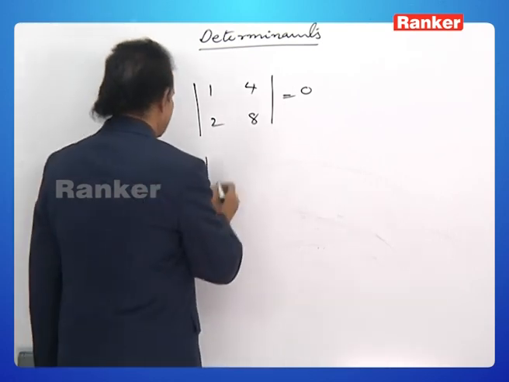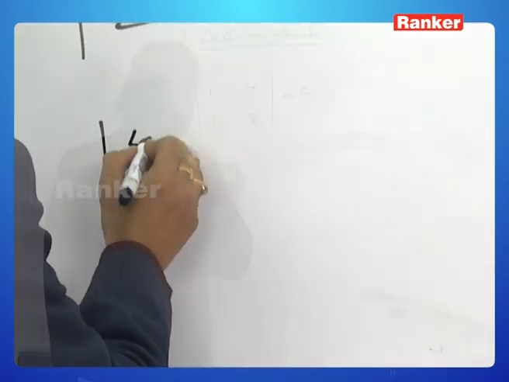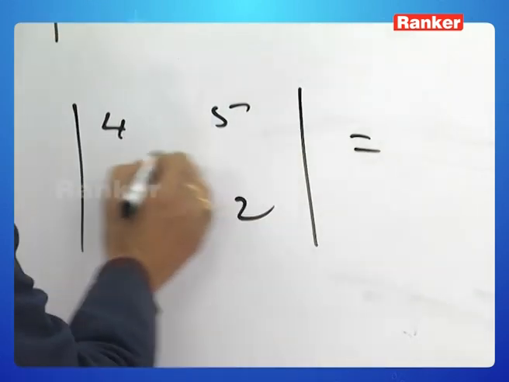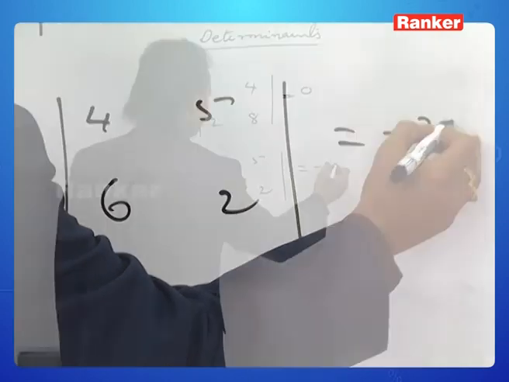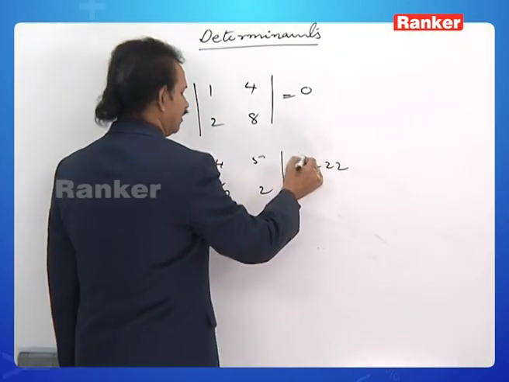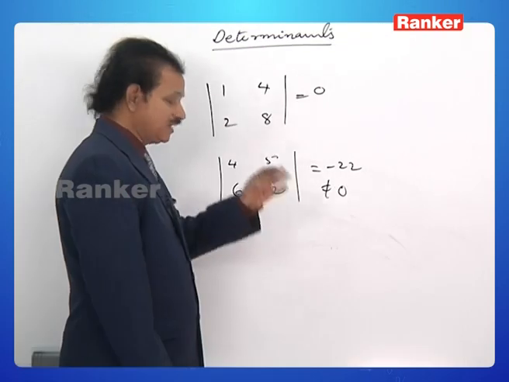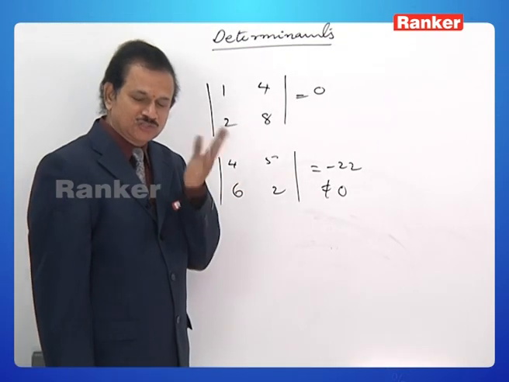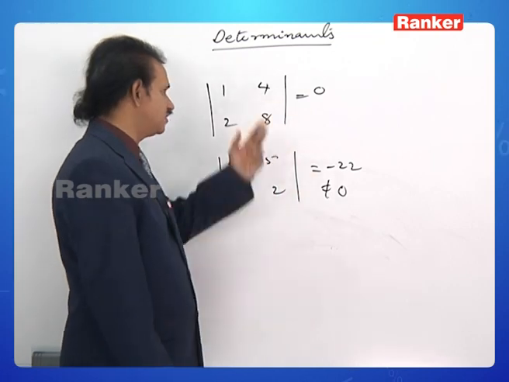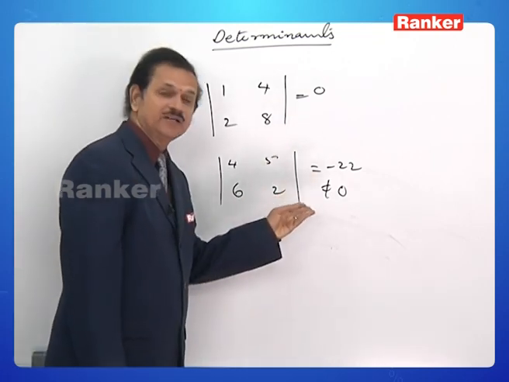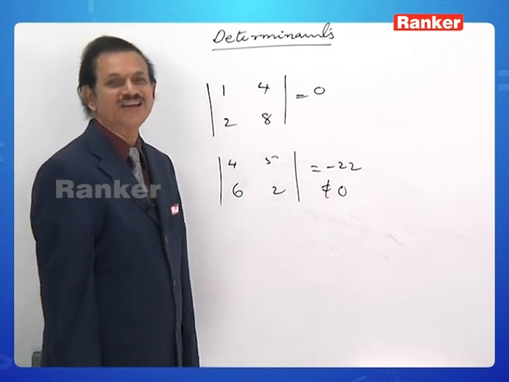Just like that, consider the determinant 4, 5, 6, 2. Come on, what is it? 8 minus 30, it is minus 22. This is 0, but this is not 0. Hereafter, we shall call those square matrices whose determinant is 0 singular, and those whose determinant is not 0 non-singular.